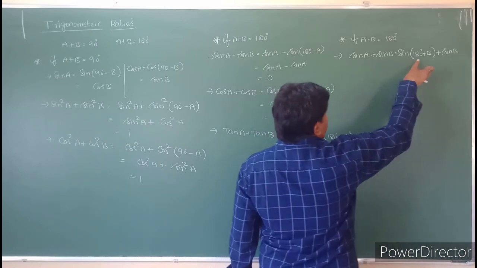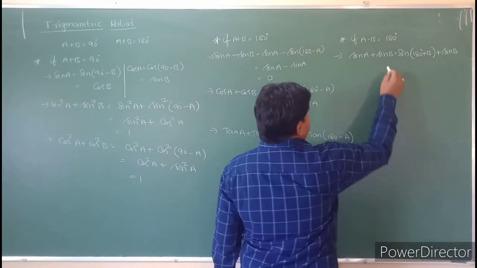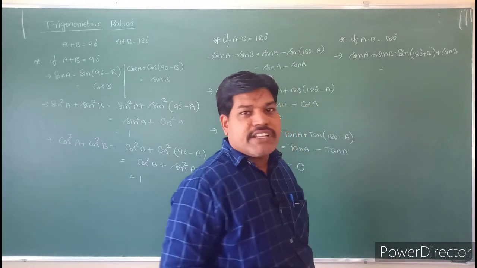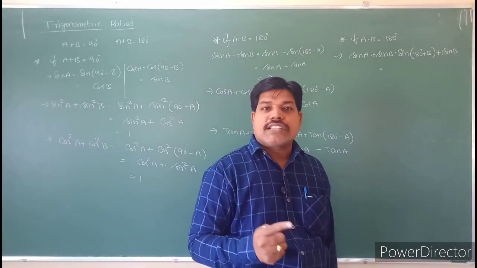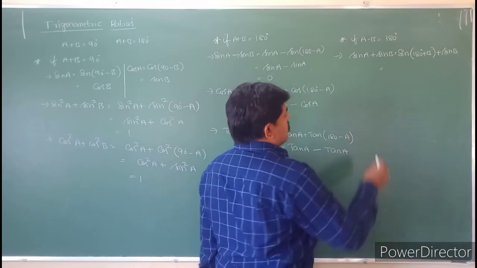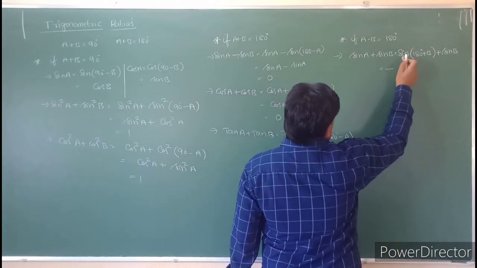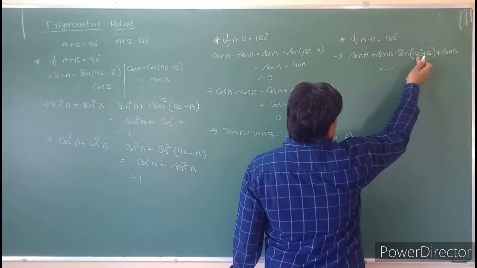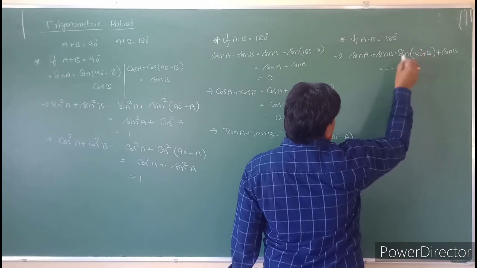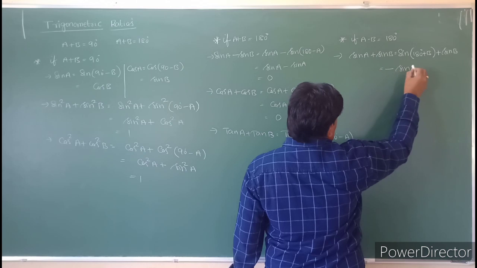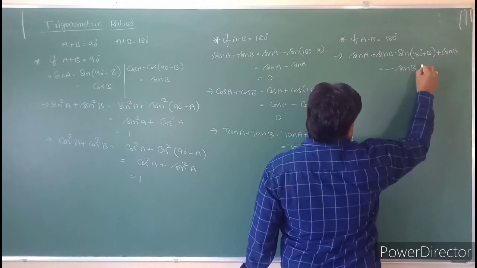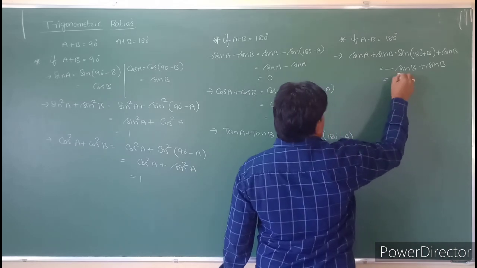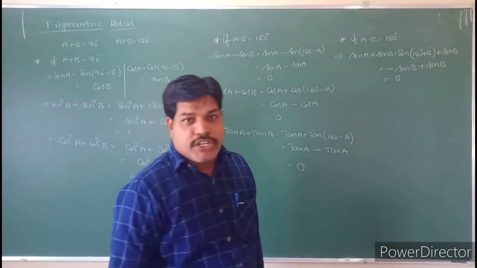So I am changing a as 180 plus b. Why? Because 180 plus theta is in the third quadrant. In the third quadrant, sin is negative. So what will you get, students? Minus. So 180 is there. If 180 or 360 like these terms are here, the function will remain the same. So you will get minus sin b plus sin b. So what happens, students? The two terms will be cancelled. You will get 0.